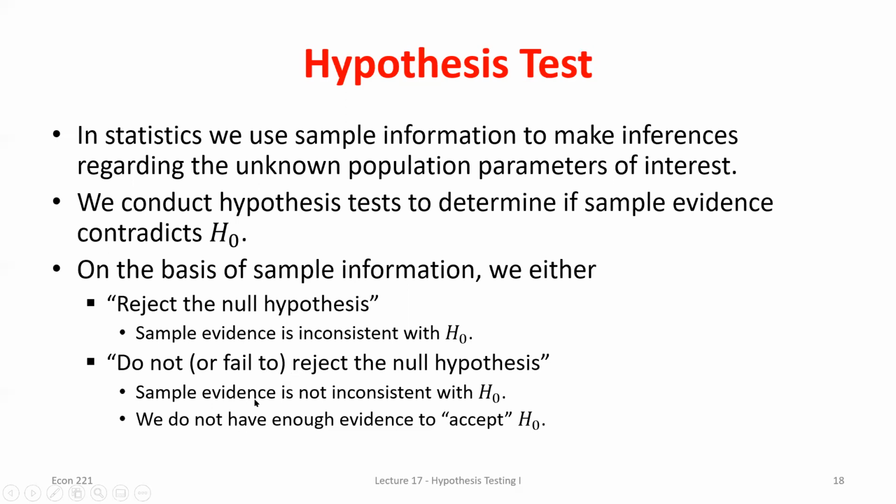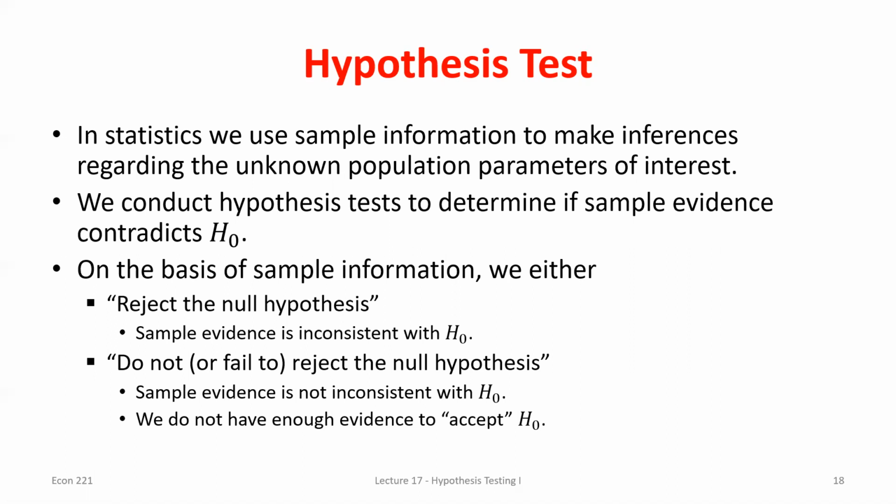We could find evidence that's inconsistent, but not inconsistent enough. So let's say I assume that the average ABV is greater than 7%, and I see a sample mean of 6.8. Well, that goes against the null, right? 6.8 is not greater than 7%, but it's not very far away. And if the true average ABV was 7%, it's pretty likely that from a sample mean, I see a value of 6.8.